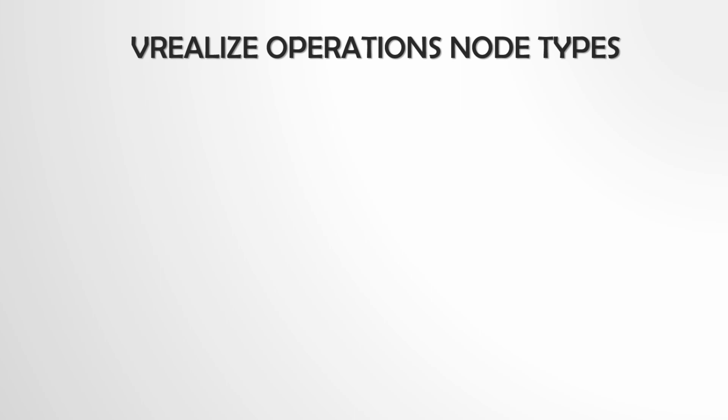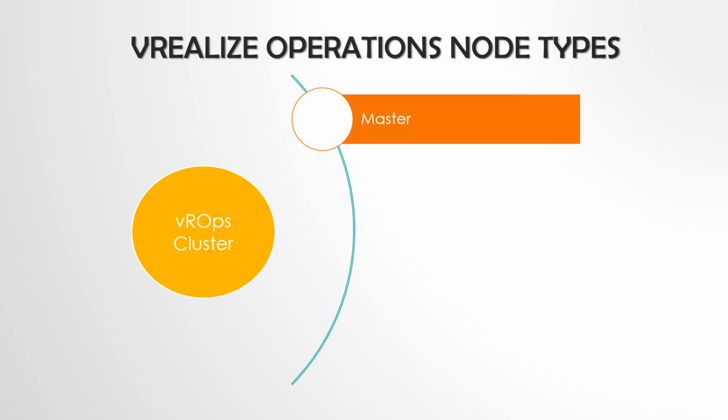Now, vROPs cluster consists of different types of nodes. First is the master node. There can only be one master in a whole vROPs cluster. Second is master replica. Now there can only be one master replica. Plus this node comes into picture when high availability is enabled in your vROPs.